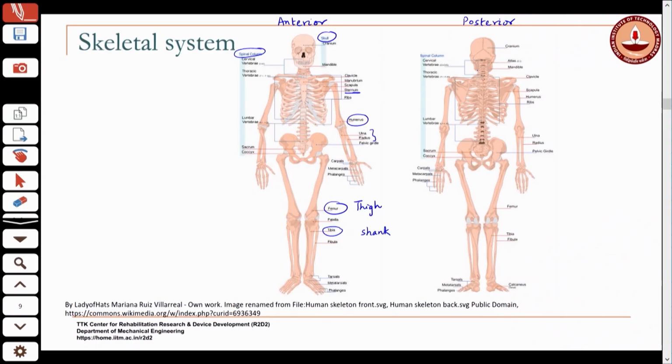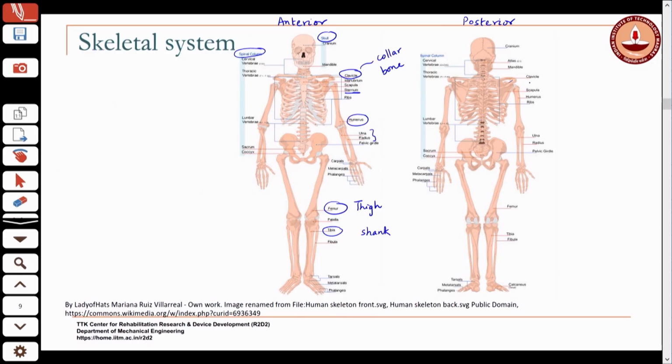So, this is just a couple of other important bones. You have here your clavicle or your collarbone. This is your collarbone. And then at the back, you can see in the posterior view, this bone that is called the scapula.